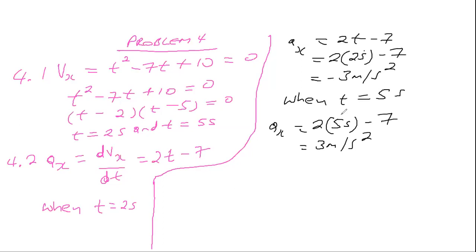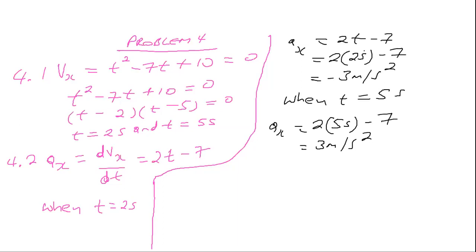So we cannot use equations of motion here. We can use only the derivative to work out acceleration. It's also clear that the acceleration is written as a function of time, which means it changes with respect to time.